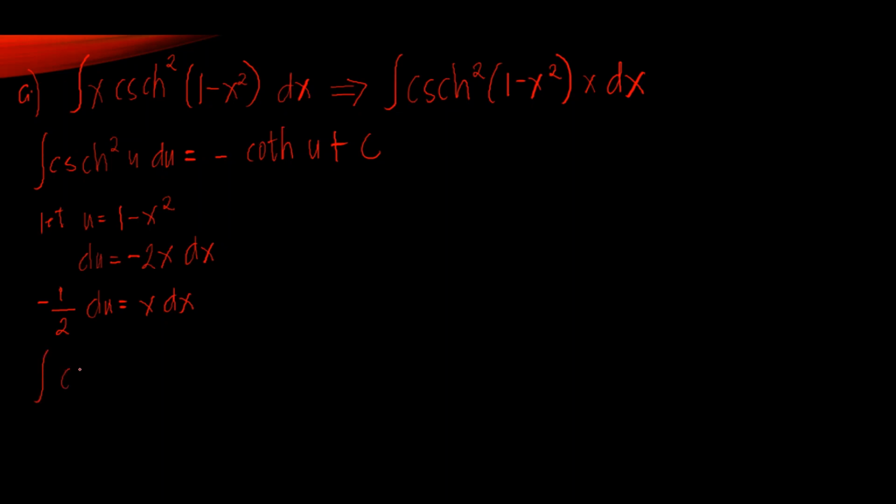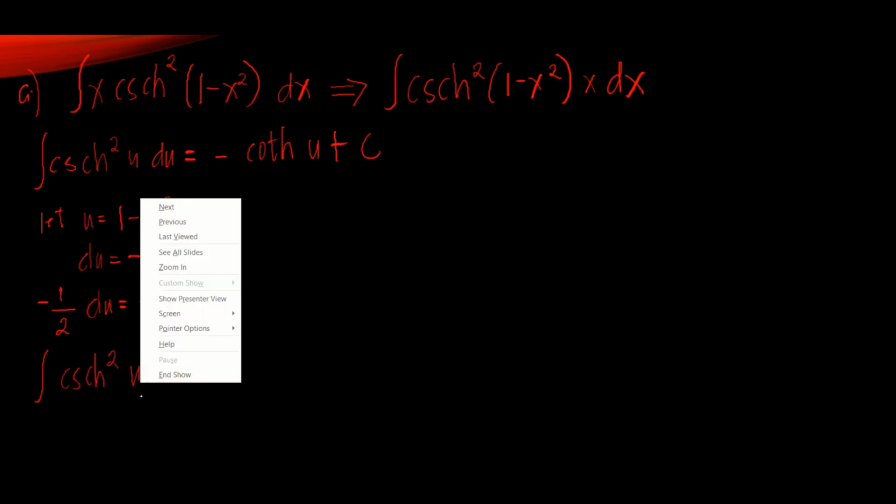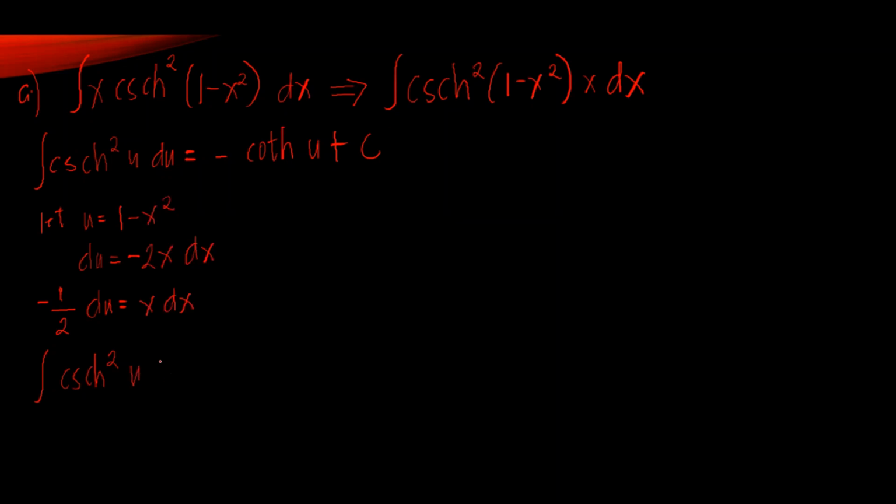This will be equal to cosecant hyperbolic squared u. Okay, so that is u. And x dx is equal to negative 1 half and then du. So, pwede nating i-isolate si constant, negative 1 half, and then cosecant hyperbolic squared u du.